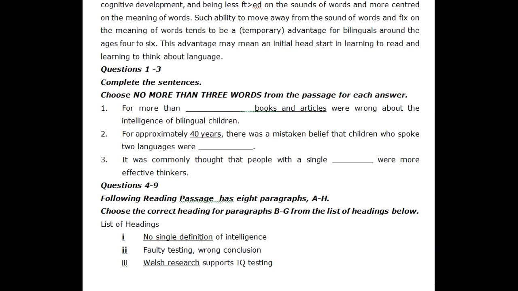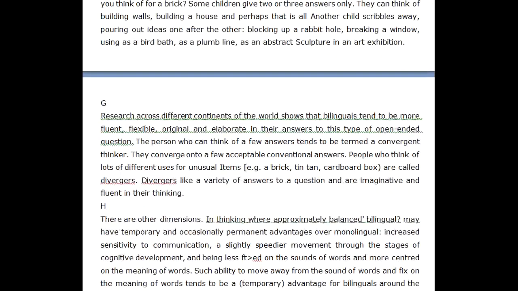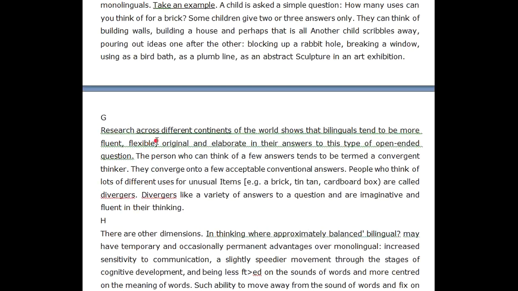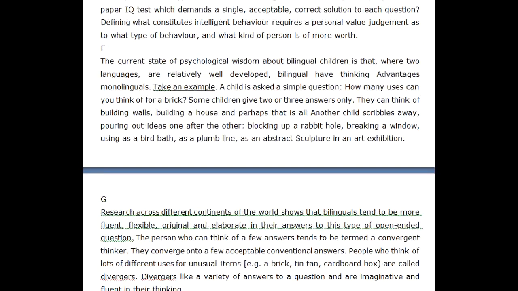Okay, monolinguals ahead, they are saying, number G. Research across different continents of the world. I have already answered this. Oh, I've made a mess. Where is E, F?